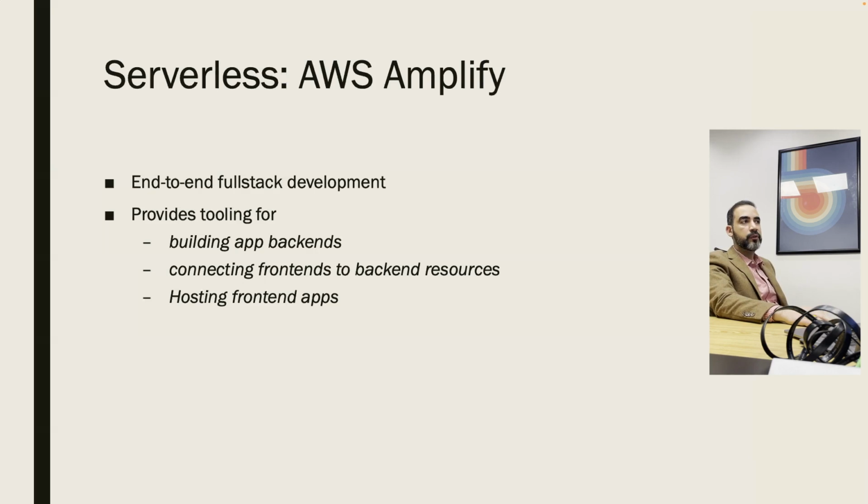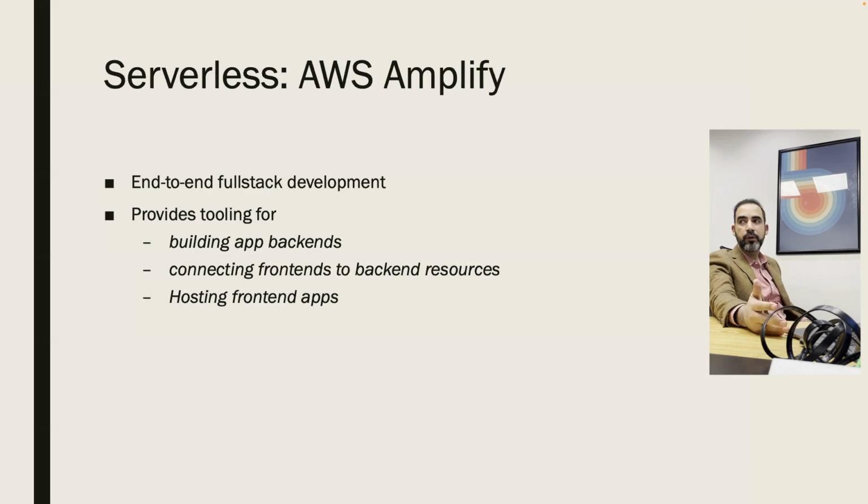Within AWS, as an example, if you need authentication, you're going to use Cognito. You're going to go and either create a Cognito user pool from the console or use IaC.